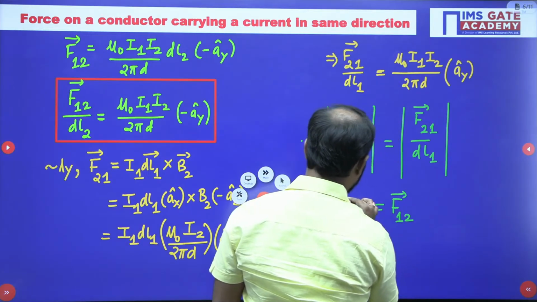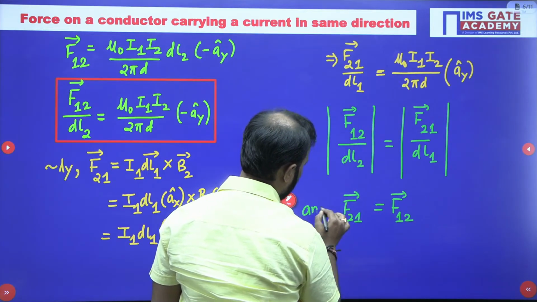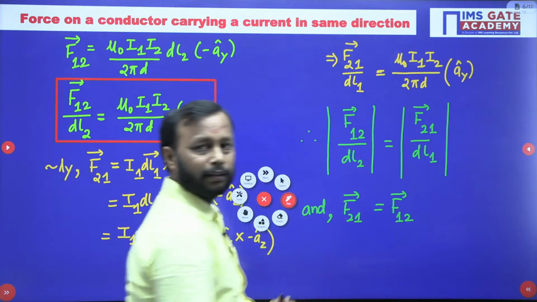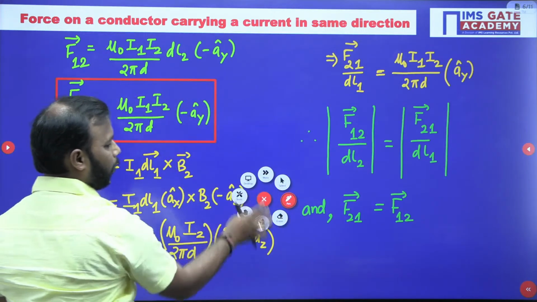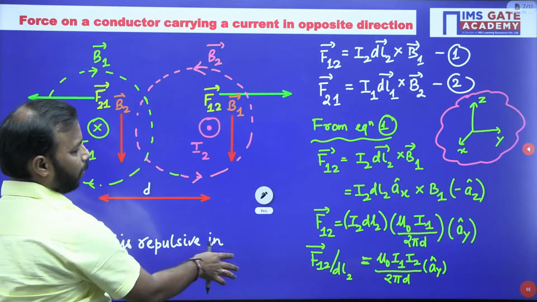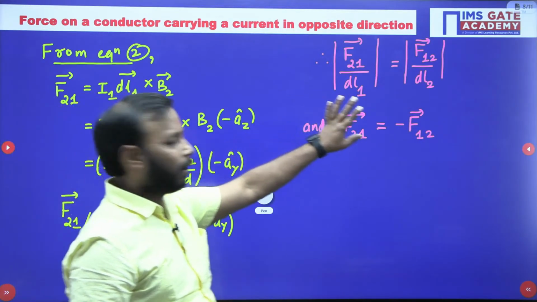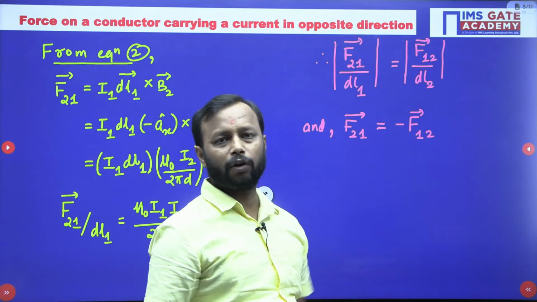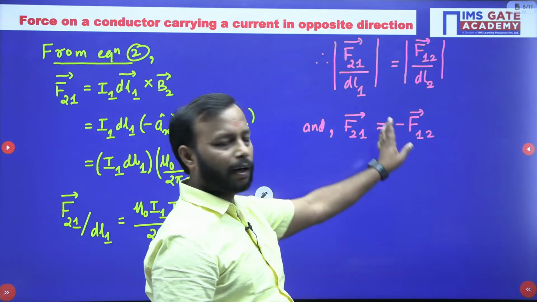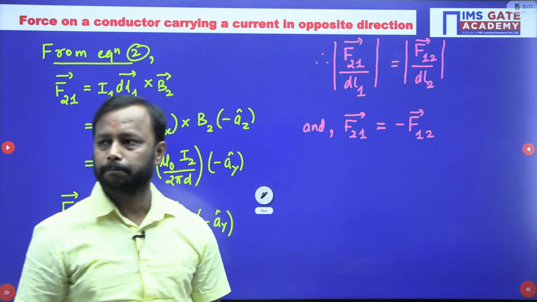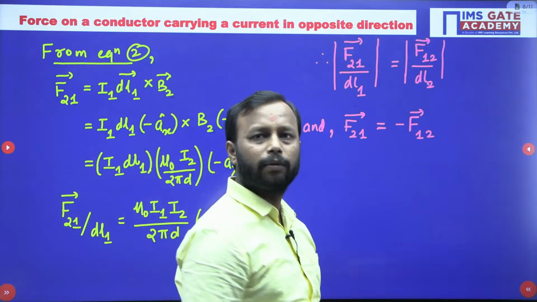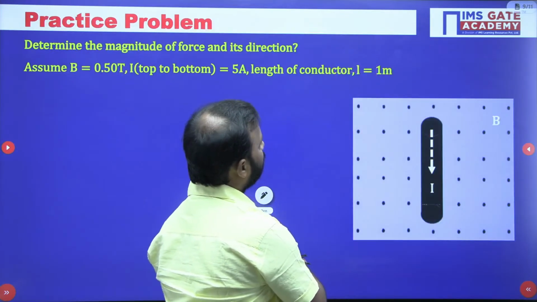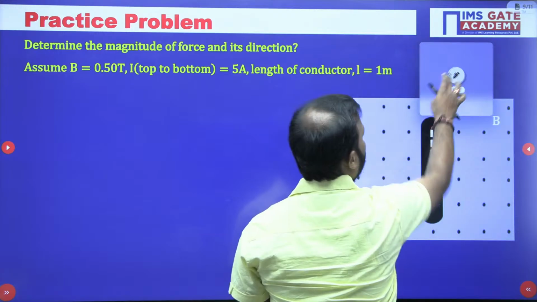This is what we have obtained, right? When the currents are in the same direction. But when the currents are in opposite direction, their magnitude will be the same, but they have a repulsive force. So what does the negative sign tell us? Force of repulsion. Okay? Any doubt? Any doubt till this point?